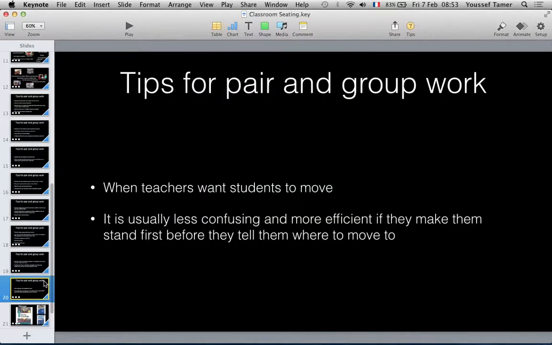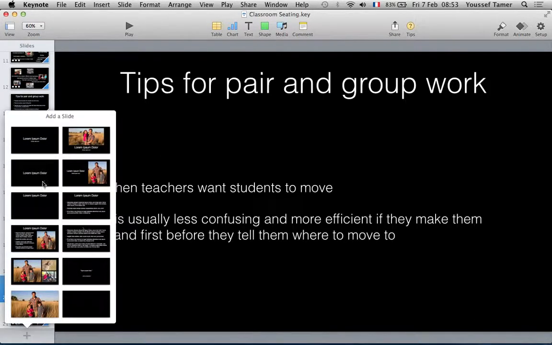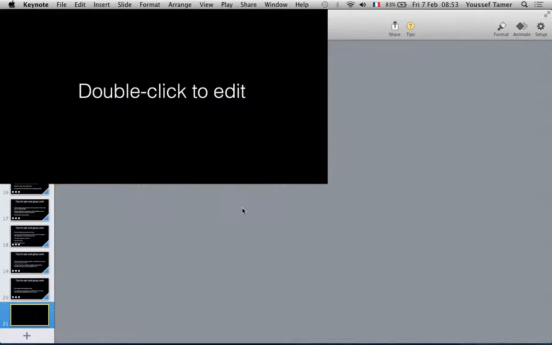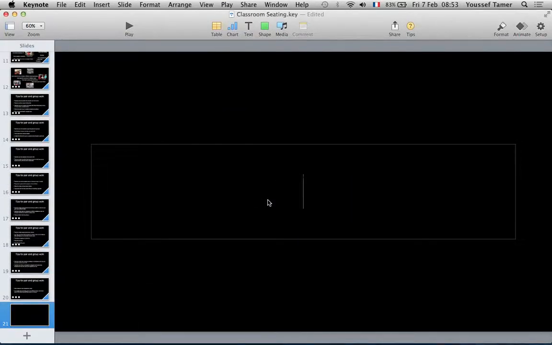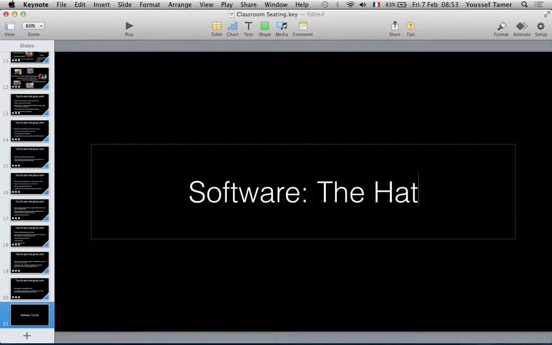I have it on my computer if you want. So that's a good one for using technology, since we're talking about ICT in our program.